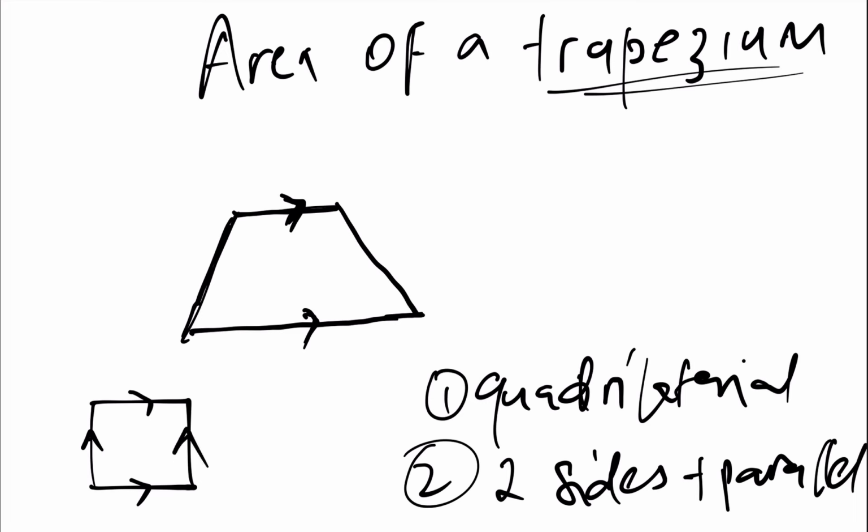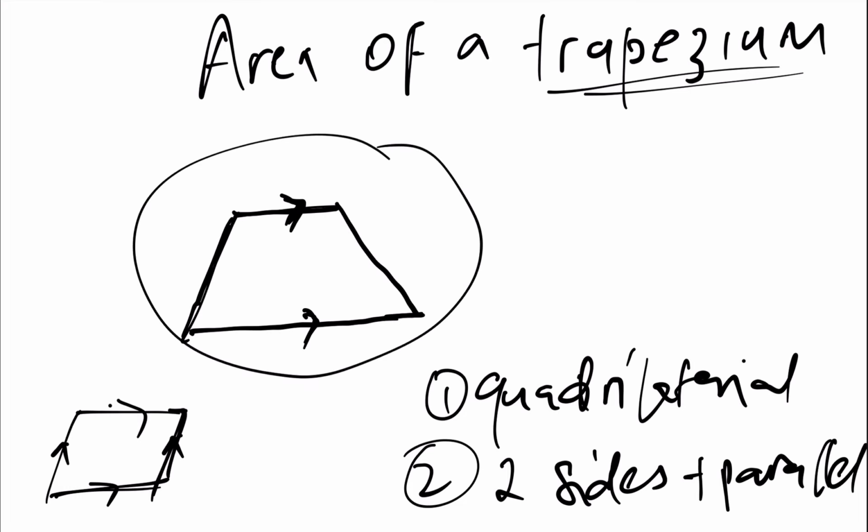So for a parallelogram, there are 2 pairs which are parallel, whereas for a trapezium, only one pair is parallel. That's the difference you can note.